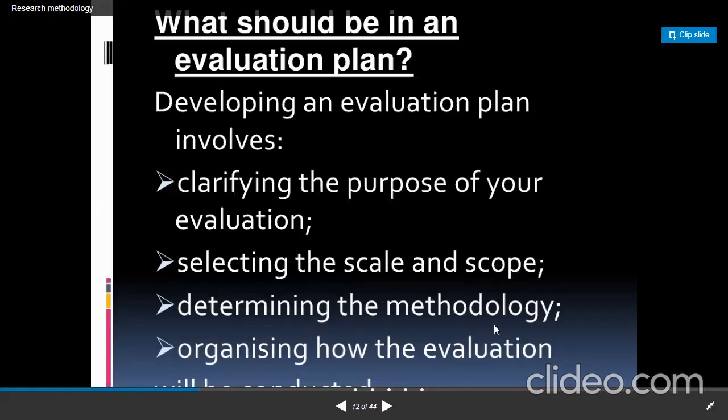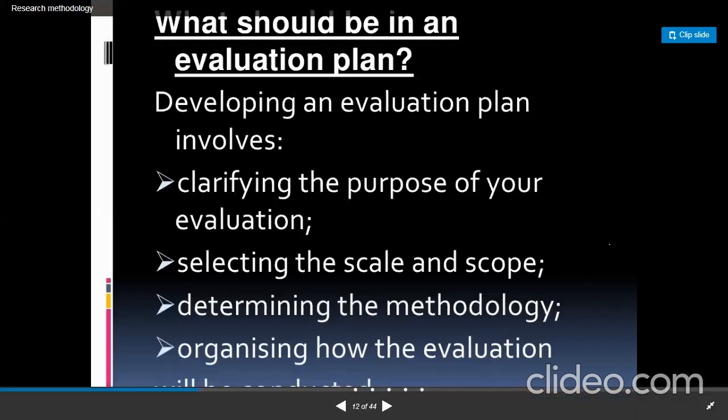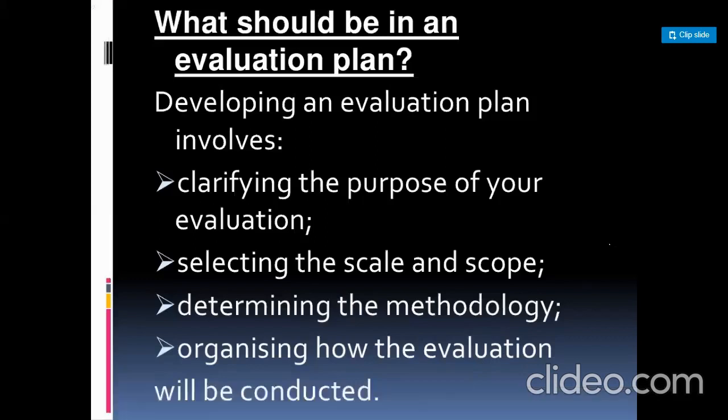Determining the methodology: which kind of method you are going to use to evaluate, before food, after food, what kind of blood sample you are going to take, what kind of result you are going to reveal, what is the method, your plan. Organizing how the evaluation is going to be, right? On what basis you are going to conclude, you should have that in your plan.